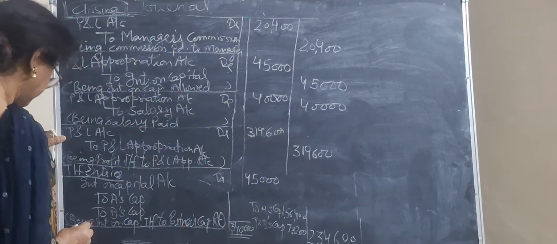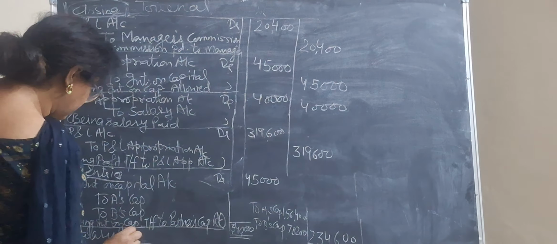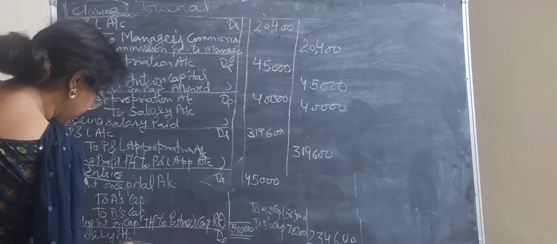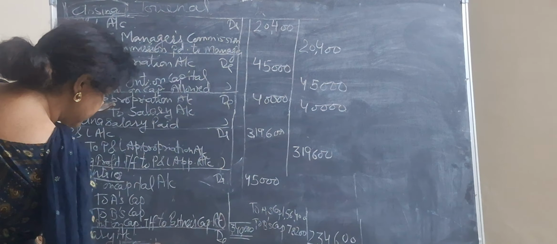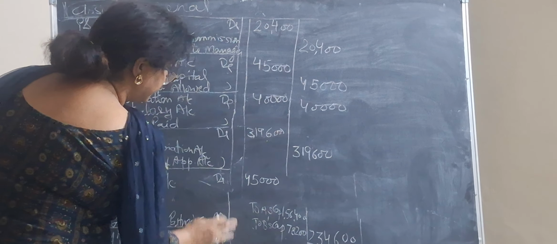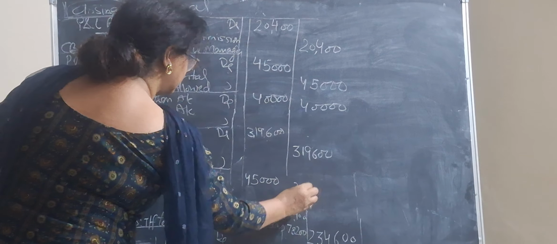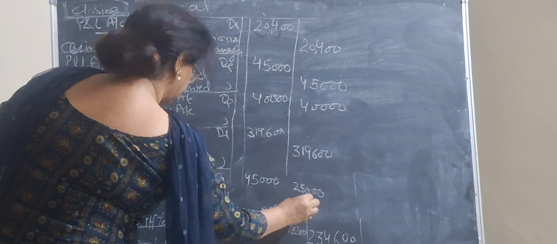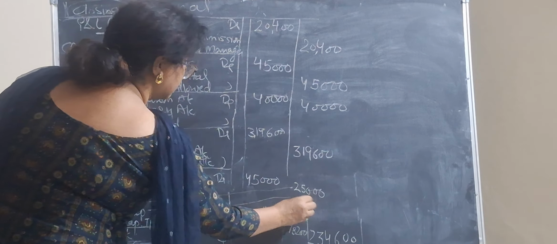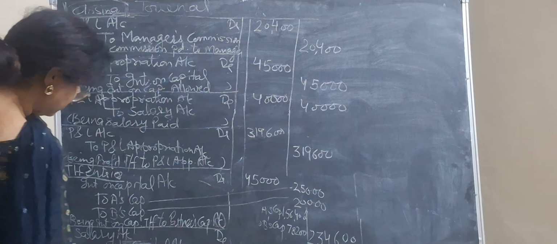Now salary, so we'll write here salary account debited to B's capital, because only B has received it. How much it is, 40,000. Okay, this is 25,000 and this is 20,000. A's capital 25,000, B's capital 20,000.